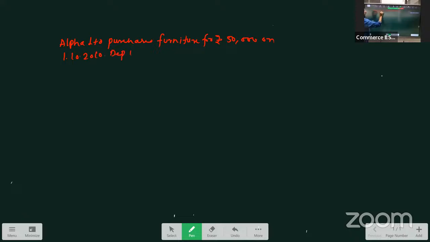Depreciation is provided at the rate of 10% under straight line method.